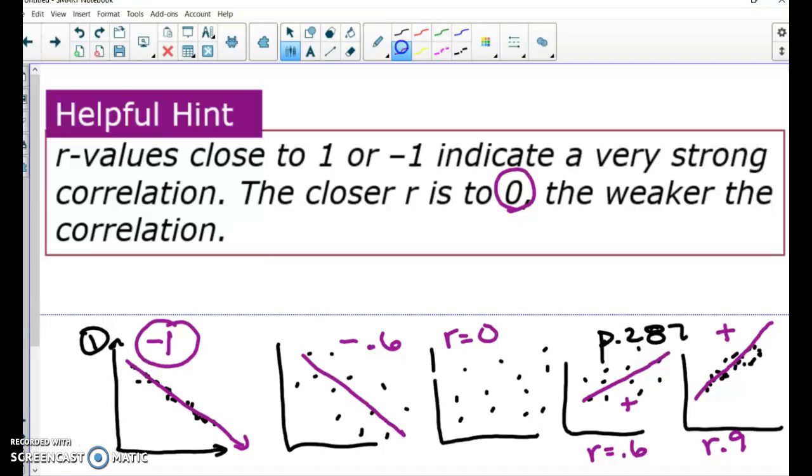I'd like you to look at example 3 on page 287. It says the table shows a relationship between a city's population and the average time the city's citizens spend commuting to work each day. If you turn to the top of 288, you can see that they've calculated that linear regression for you.